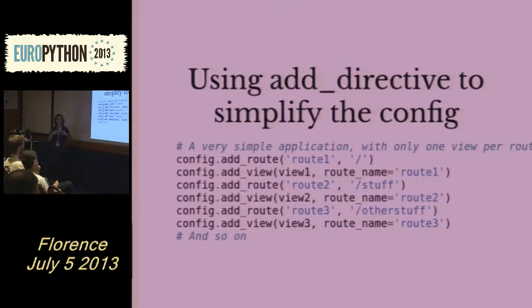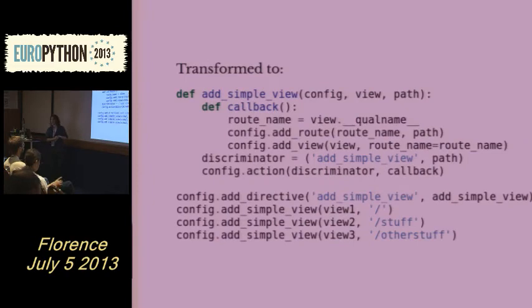Let's suppose I have a very simple application where I have only one view for each route. And I'm writing it like this. And it's quite tedious because for each view I have to put 2 lines and I have to define a temporary route with a domain name. So it's possible with add directive to simplify this. I'm just going to add a directive.